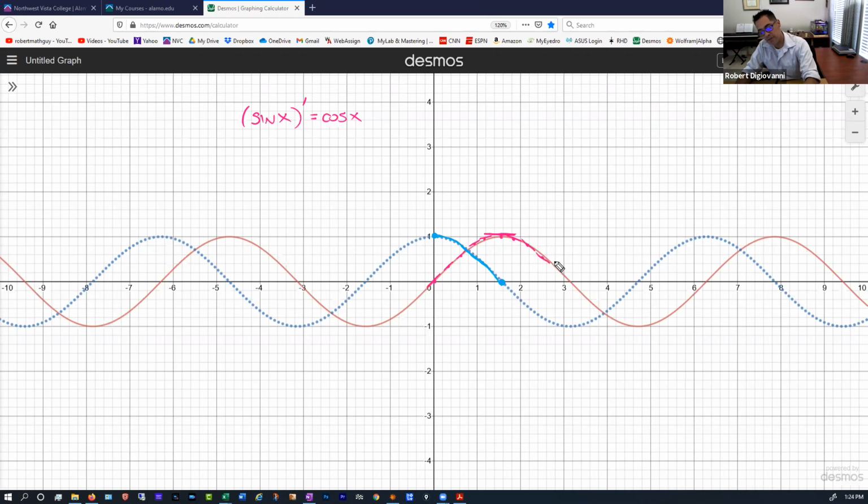These are negatives until you get to this point right here. That's where you have a perfect diagonal, which means that your derivative is at -1. Until you get on the red function to this bottom point, and that's where your derivative is 0 again, which corresponds to that dot.